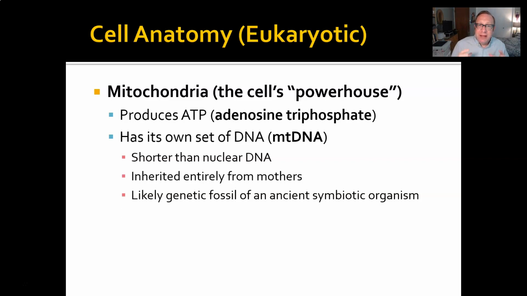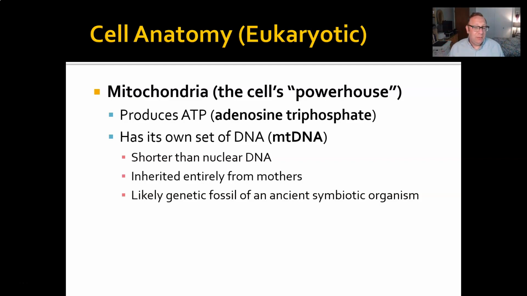Interestingly enough, it is a very old structure in the eukaryotic cell, and we think it's probably the result of an ancient symbiotic relationship between two organisms. The organism that the mitochondria used to be would have been specialized in producing materials that the larger organism could then consume, and in exchange, the mitochondria were protected from the larger environment.